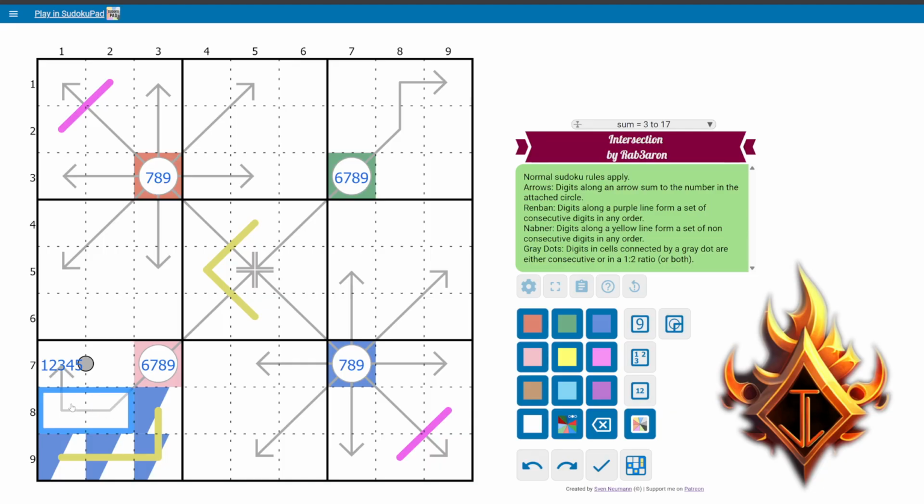So I don't think a high number can go on this arrow at all. This cannot be 9.